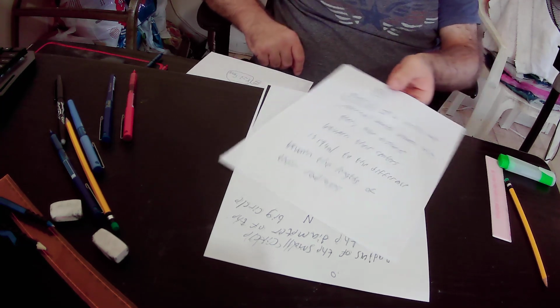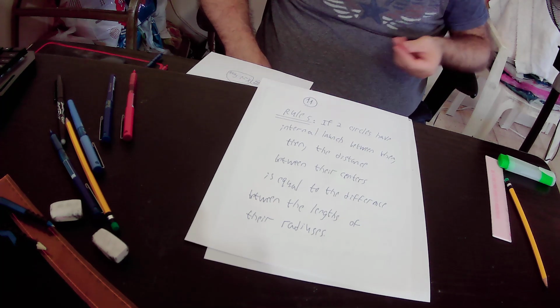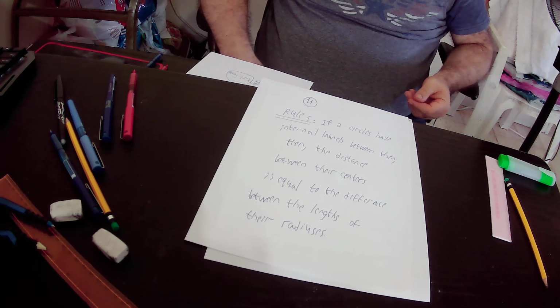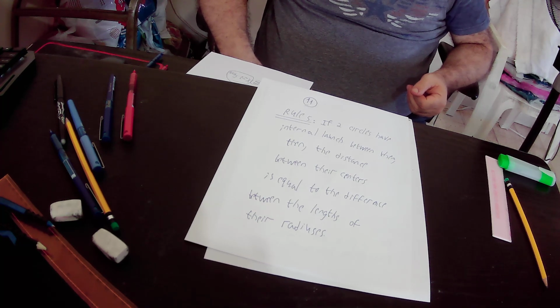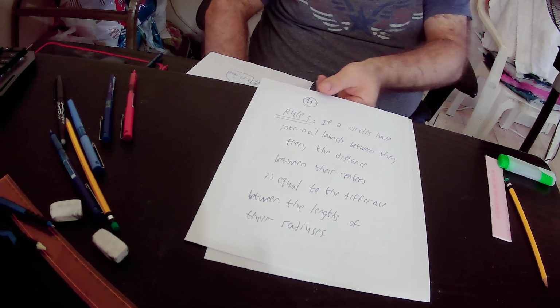We presented rule number 5, and we implemented rule number 5 in our circle. Rule number 5 states that if two circles touch internally, then the distance between their centers is equal to the difference between the lengths of their radiuses.